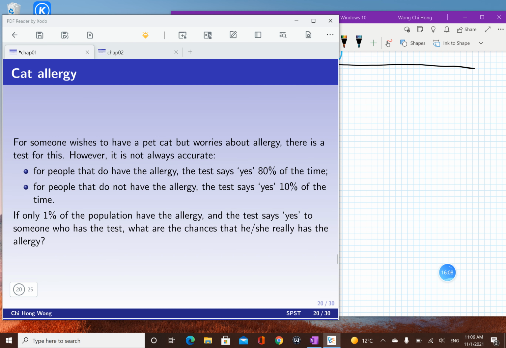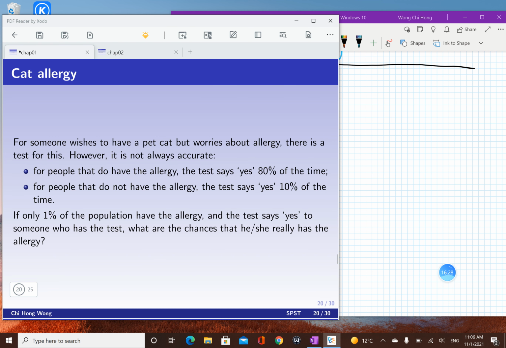So before they decide to have a pet, they may go to a hospital or clinic to test if they have the allergy. So they have to do some kind of medical test. I don't know what that is like, but these things.